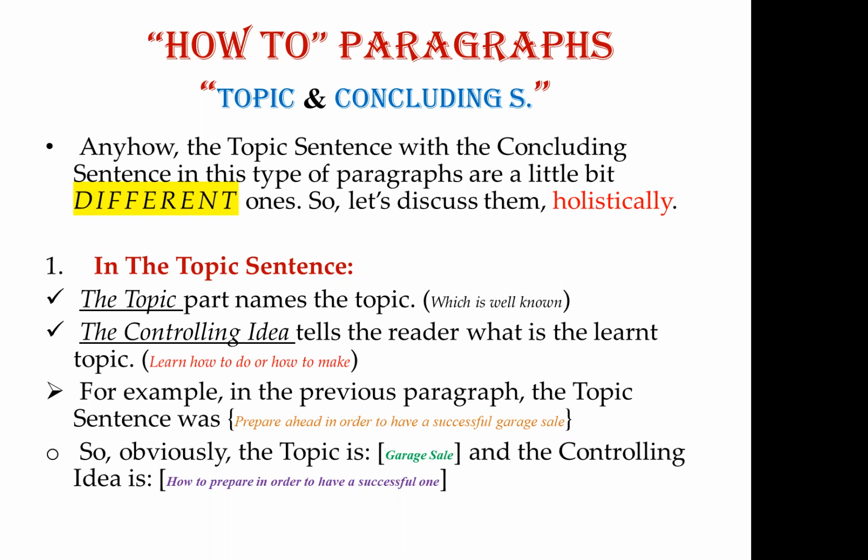So here you understand that the topic is a successful garage sale. The controlling idea tells you how to prepare in order to have a successful one. So it hints that this paragraph will give you instructions. And obviously you can read that from the title, how to have a successful garage sale.